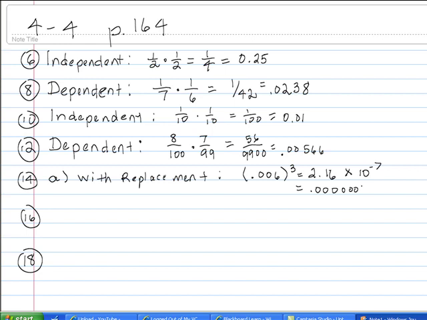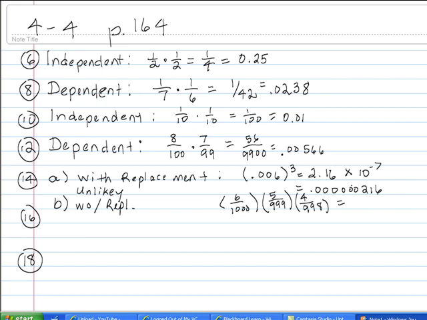Without replacement. Okay, we're going to get 6 out of 1,000 times 5 out of 999 times 4 out of 998. Okay, so 6 divided by 1,000 times 5 divided by 999 times 4 divided by 998.